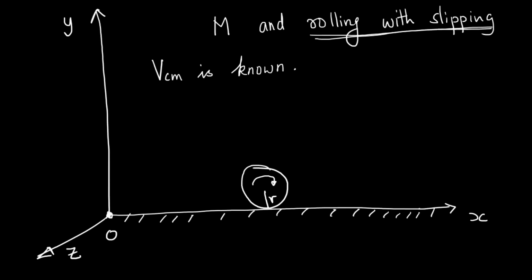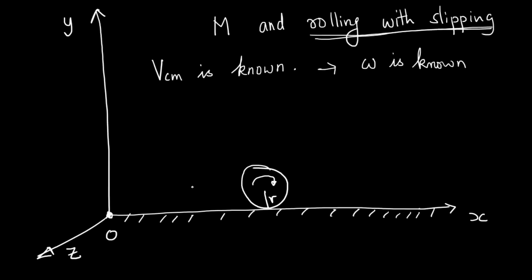I'm sorry, he is saying that omega is known. So in terms of omega, he wants the angular momentum of this disk which is rolling without slipping.